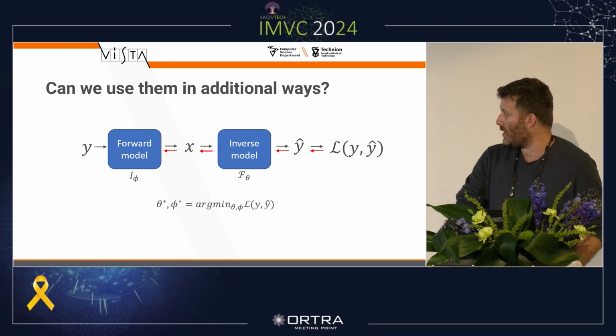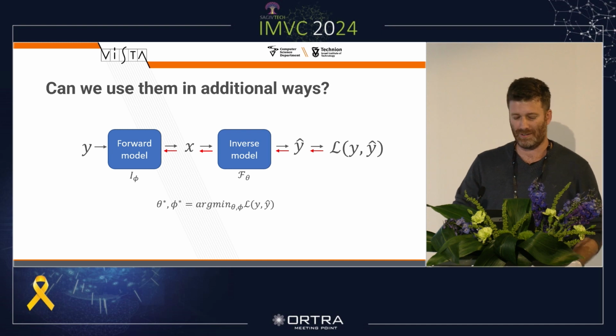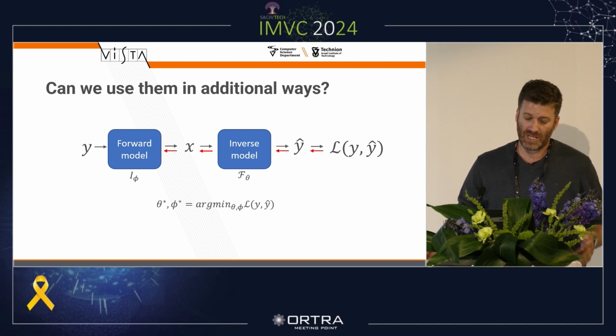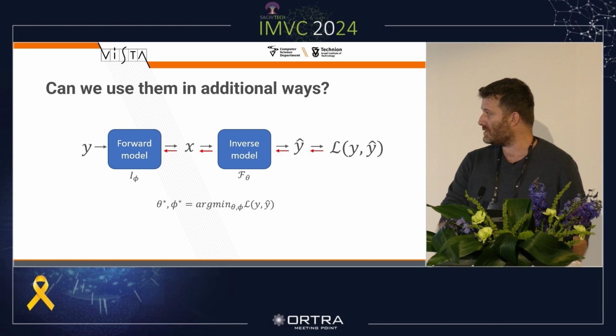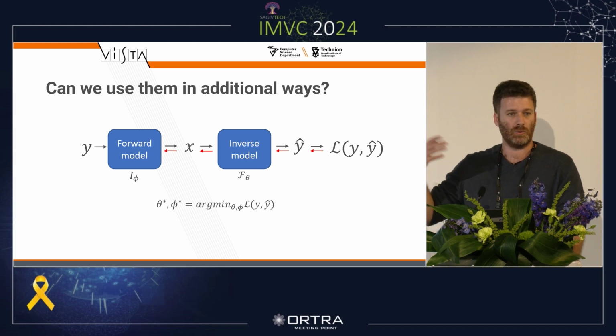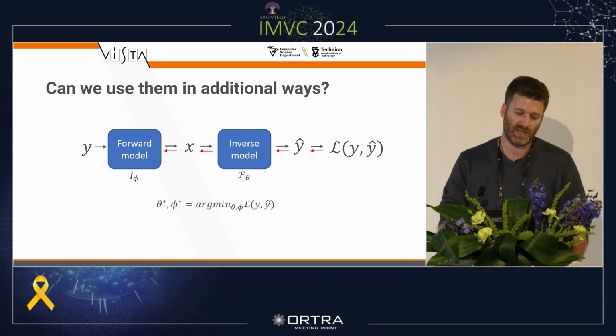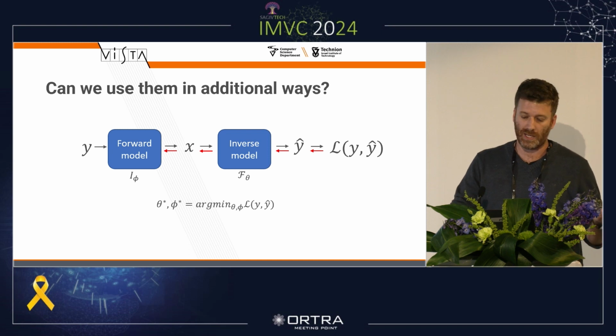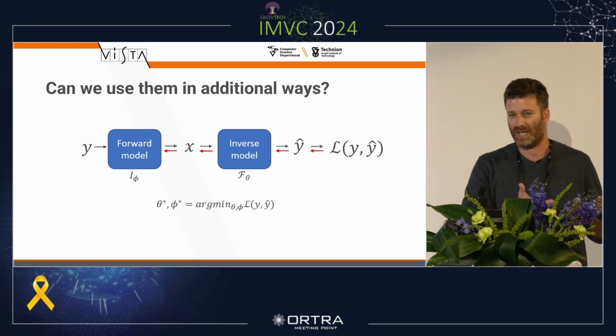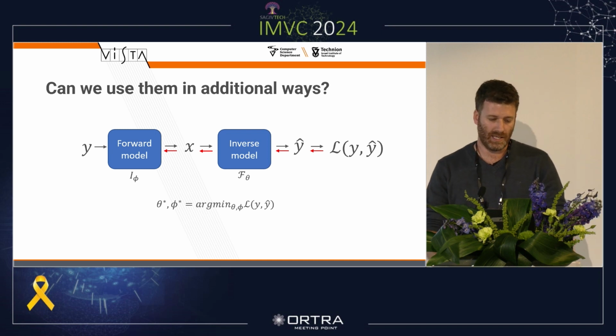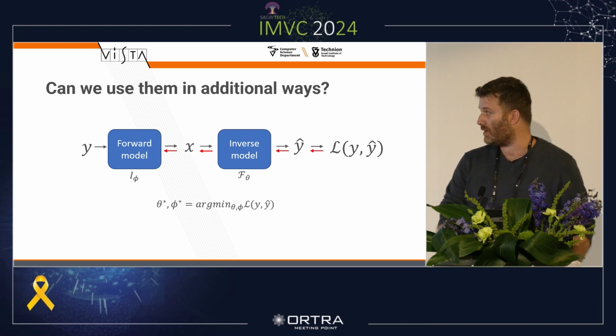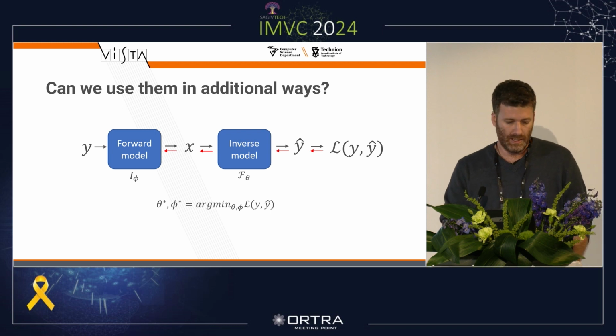And then we have the neural network that tries to reconstruct the original object Y. And we suggest that if we optimize both the forward model, the acquisition parameters of the imaging device, and the neural network, we will get better performance. We will get better data, so it will be easier to reconstruct and get better end performance.